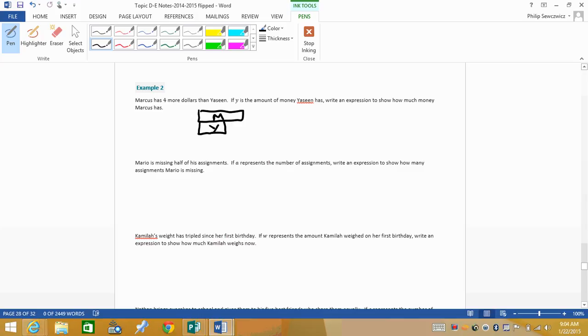We have to use Y, which is Yassine's amount. So if we take Yassine's amount, which we are calling Y, what would you have to do? Well, you'd have to add 4 on to get to Marcus's amount. That's all we want. We want to write out an expression. Y plus 4, show's over. There's no equal sign. That would make it into an equation. We just want it to be an expression.